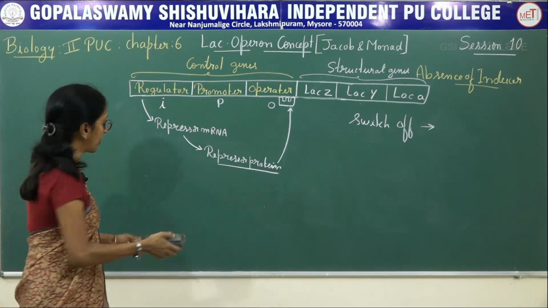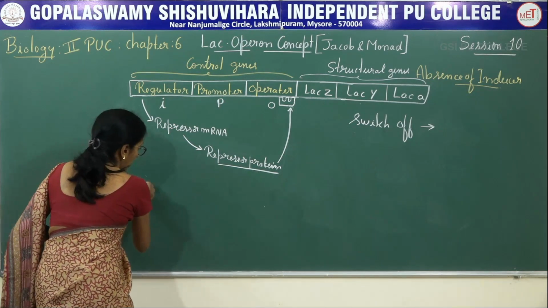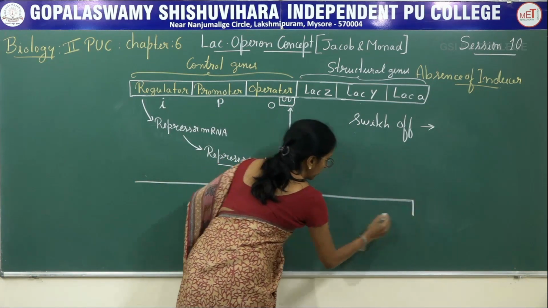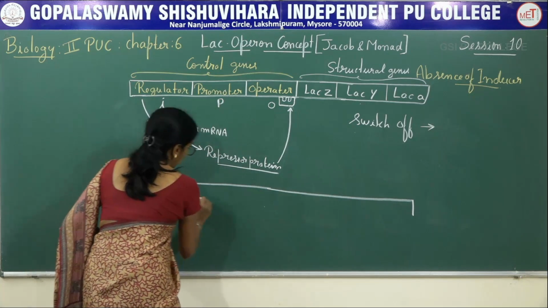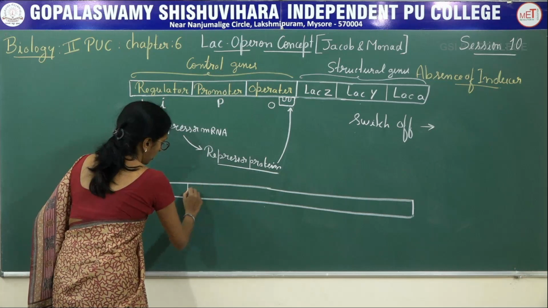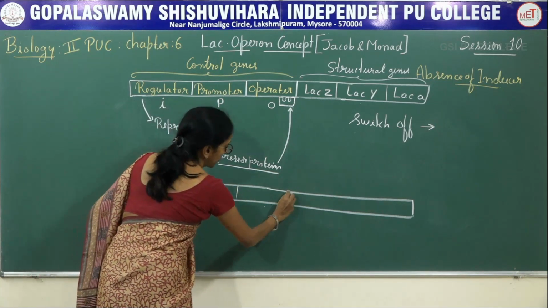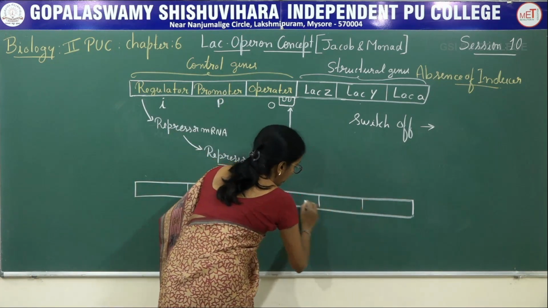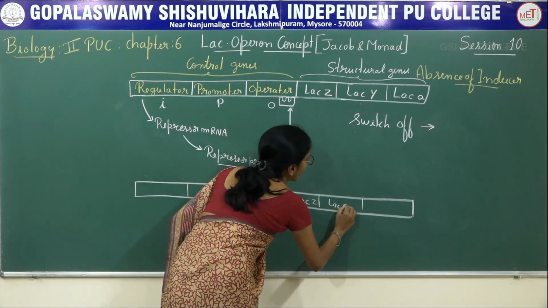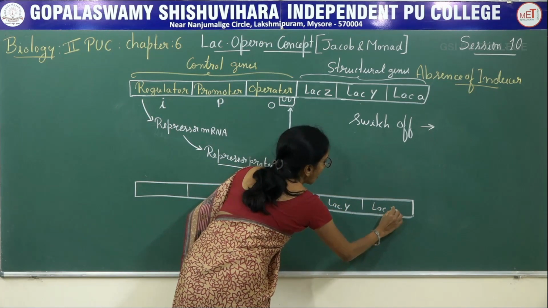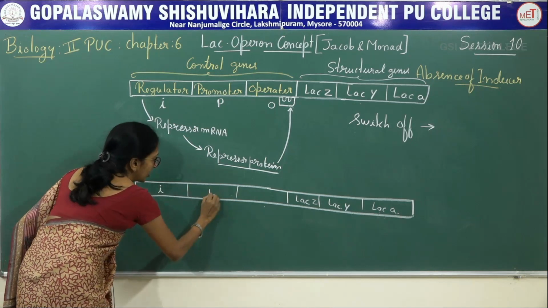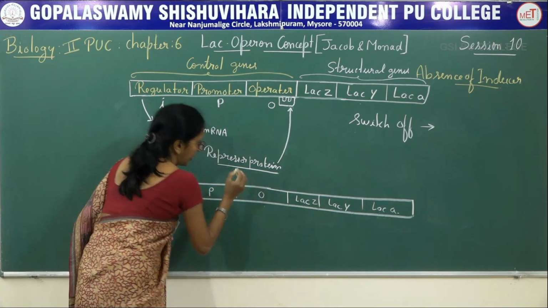Now, in the presence of inducer, this is again Escherichia coli, 3 units. Here also 3. Lac Z, lac Y, lac A. Same thing here, I, P and operator.